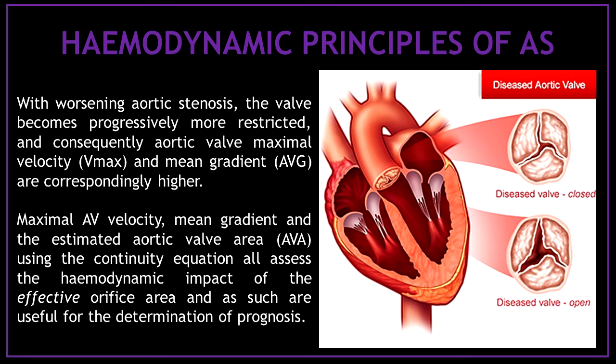Maximal aortic valve velocity, mean gradient, and the estimated aortic valve area using the continuity equation all assess the hemodynamic impact of the effective orifice area and as such are useful for the determination of prognosis.